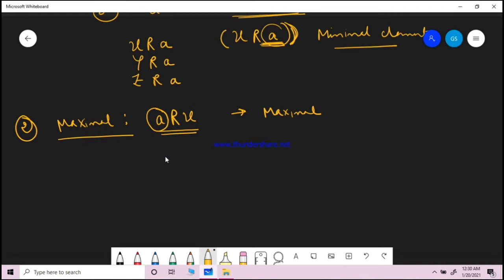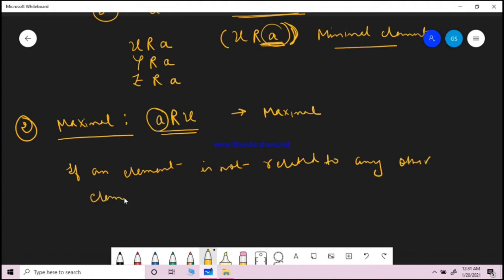I'll be explaining these two definitions using certain examples. First of all, see the definition. If an element is not related to any other element, then it is called the maximal element of the poset.